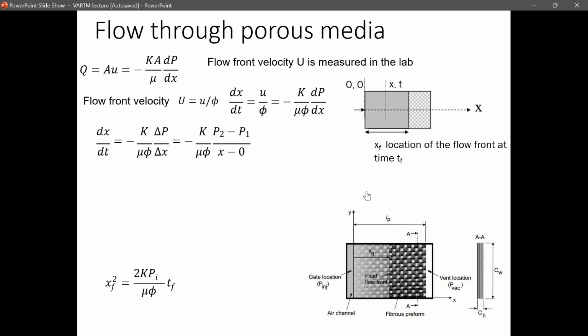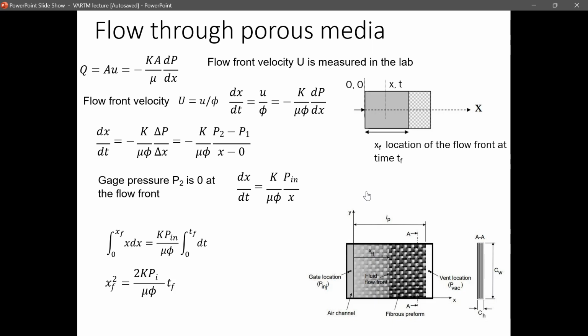This is atmospheric pressure, right? So if you're using gauge pressure, it should be 0, right? Here's the outlet. So this makes your equation dx/dt equals K divided by mu phi multiplied by P in divided by x.